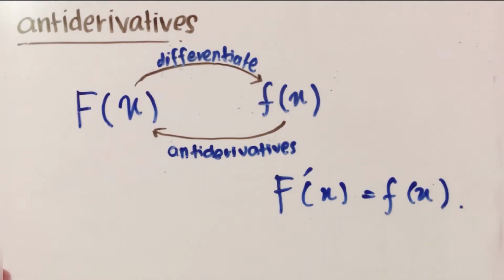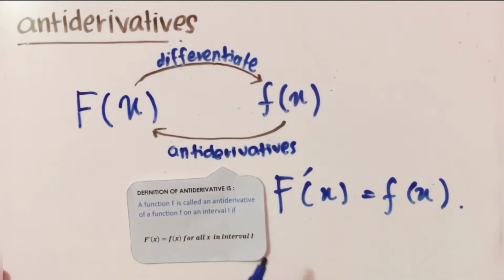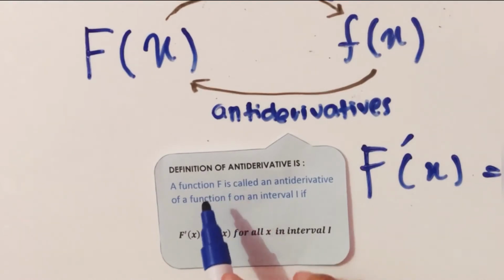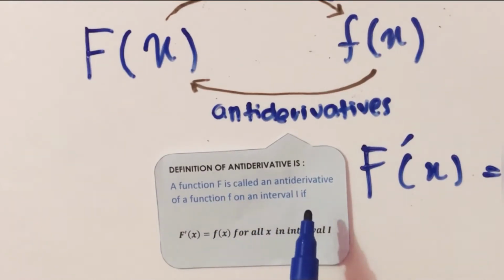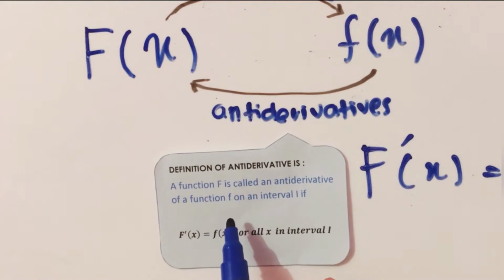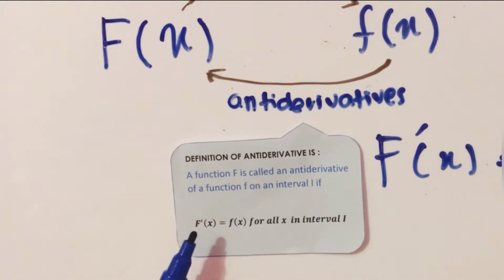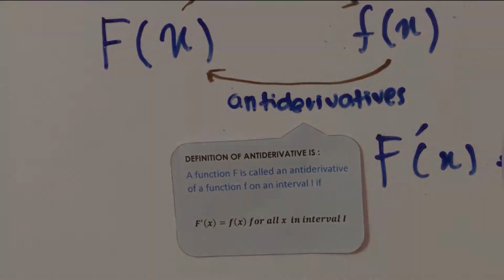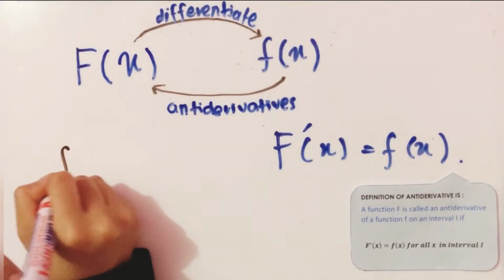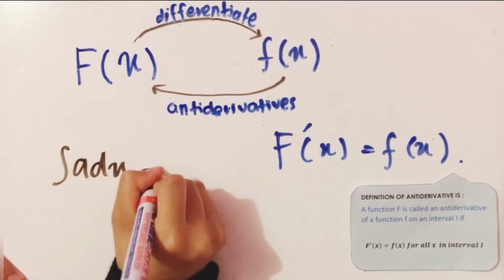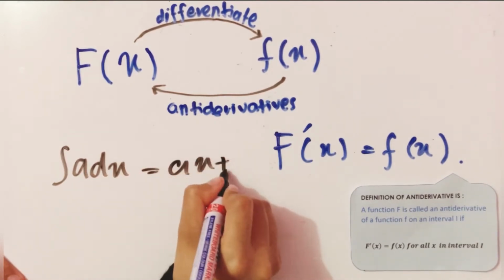The definition of antiderivative is that a function capital F is called an antiderivative of function small f on an interval I if the derivative of capital F(x) equals small f(x) for all x in interval I. For example, we have the integral of a dx equal to ax plus c.